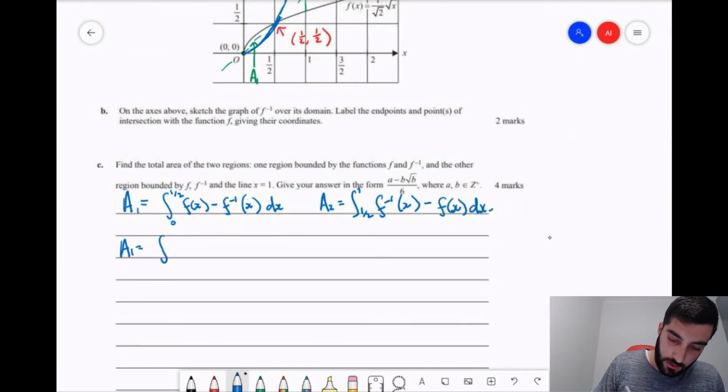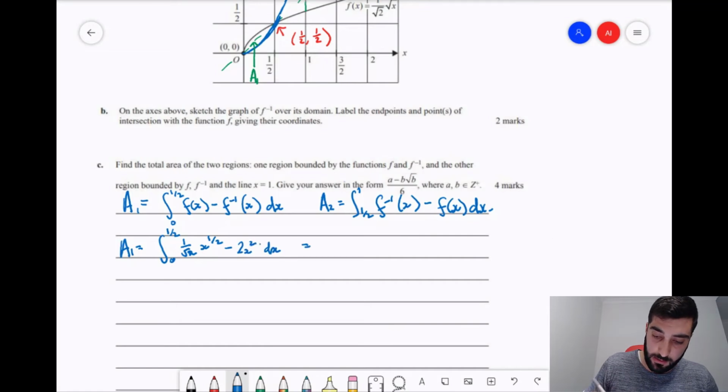I'm just going to sub in what the actual function is. I ended up using this form for the function f of x just because I found it slightly easier to work with than some of the other forms that we had. 2x squared dx. Hopefully you guys are comfortable with the integration. Maybe I'll just do one more step. We're going to have that 1 on the square root of 2. We can leave that separate because it's a scalar, and the function's only the square root of x, or x to the power of half.